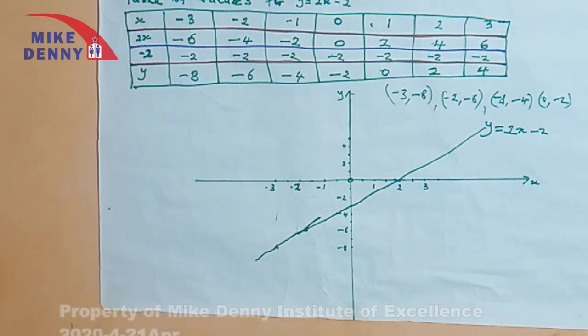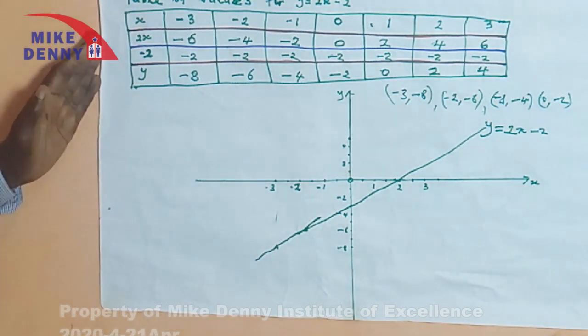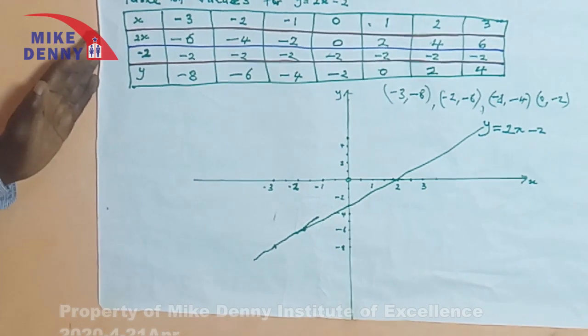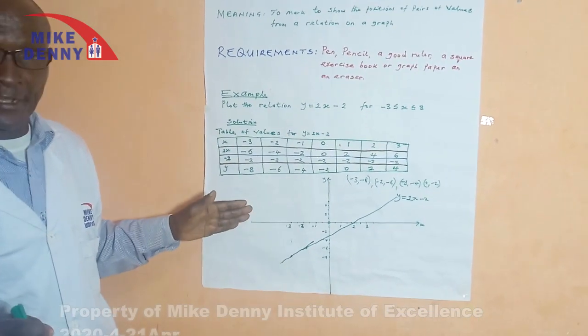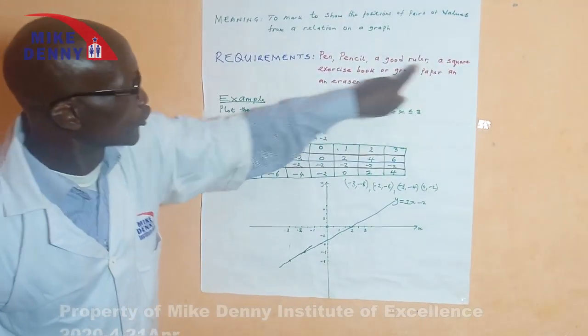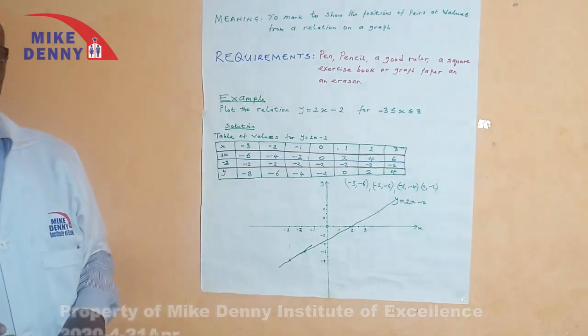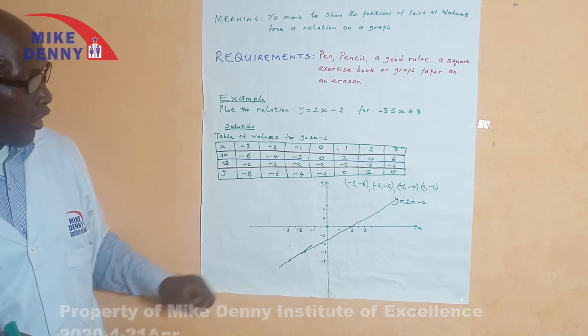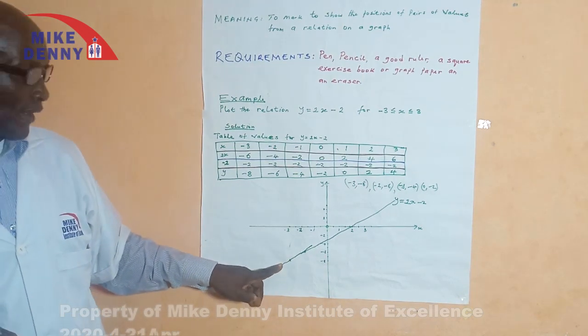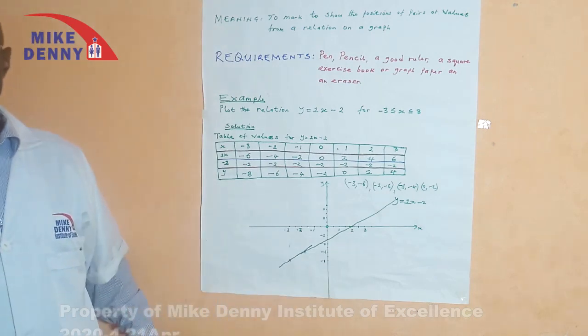So you are going to go to your textbooks. There is another similar example to this on page 167, 168. You will read it very well. And before you go, after drawing the graph on a good square exercise book or graph paper, try to find out whether you can come out with the coordinates of the points where this line meets the y and the x-axis.